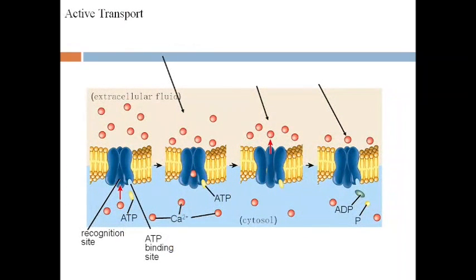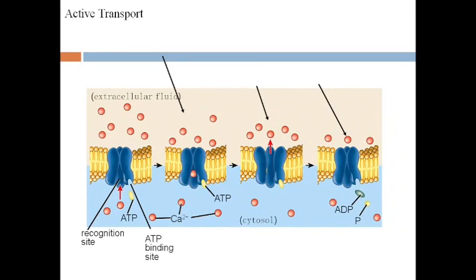This is the figure of active transport. Here we can see that one particular type of solute species is being transported from inside to outside of the cytoplasmic membrane. So how is it possible? Here we can see that at the expense of energy, this whole process is possible. First of all, the ATP binding site is there and the recognition site is there.